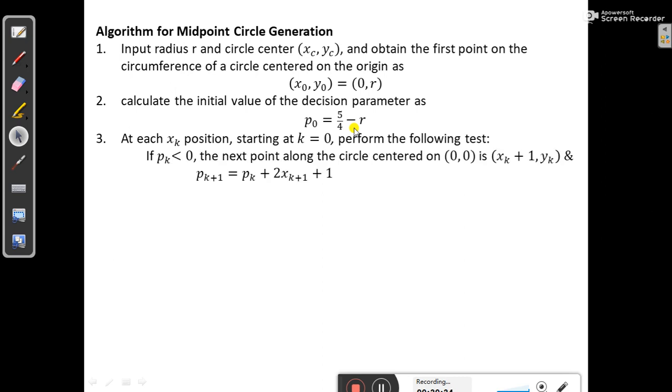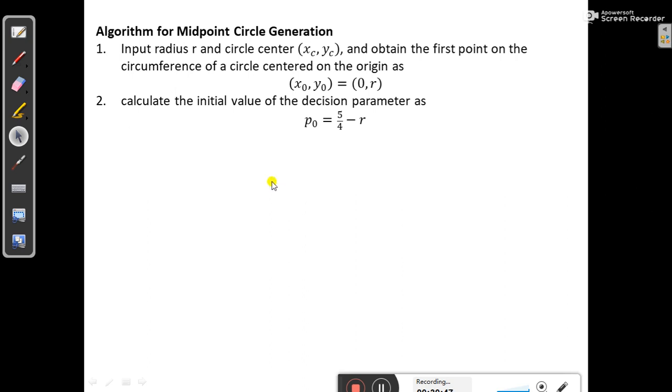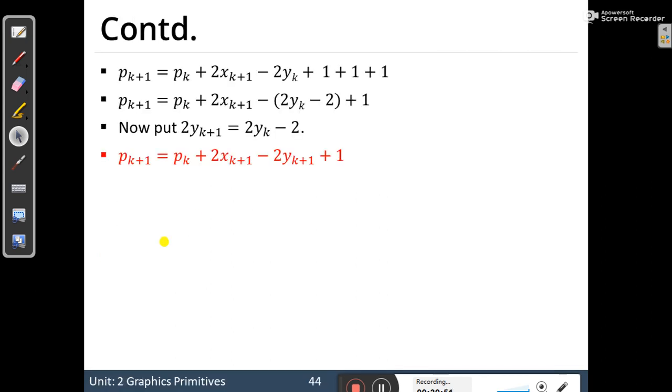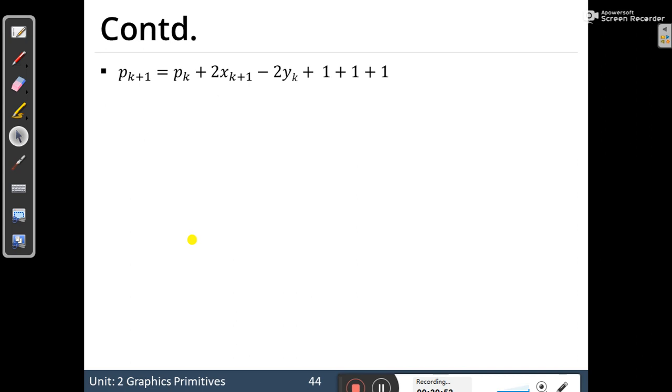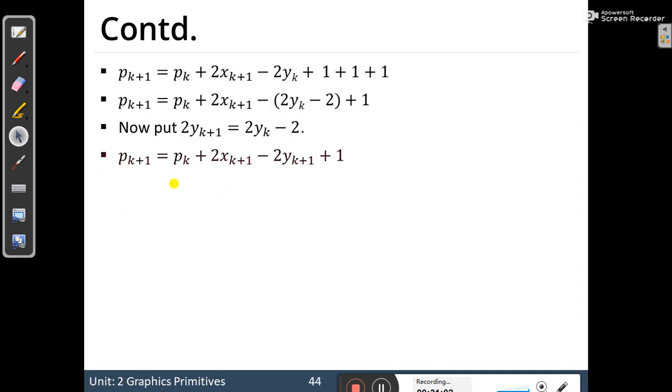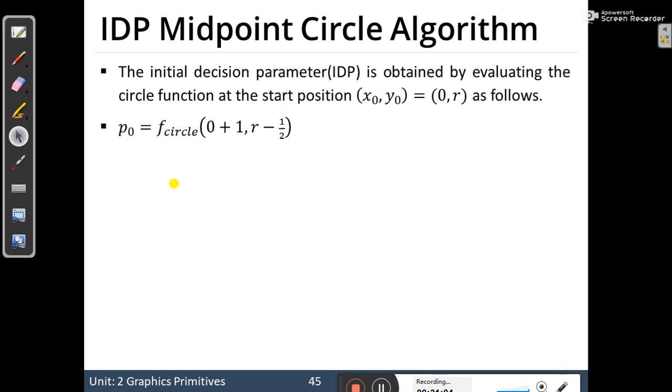If pk is less than 0, the next point along the circle centered on 0, 0 is xk plus 1, yk, and pk plus 1 equals this equation. This equation is coming from this red equation, and the second equation is this one. So we'll follow it in that way.